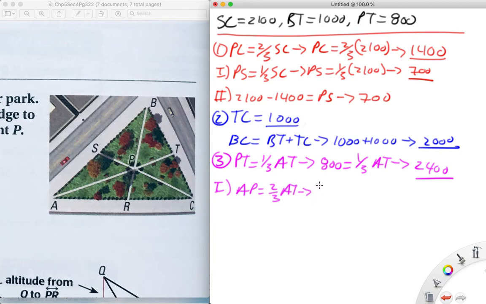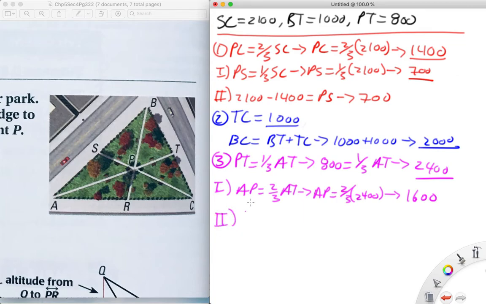So AP equals 2/3 times 2,400. 24 is 8 times 3, so 8 times 2 is 16, so that means 1,600, and again that makes sense because 1,600 plus 800 is 2,400. Or I can just subtract from 2,400.